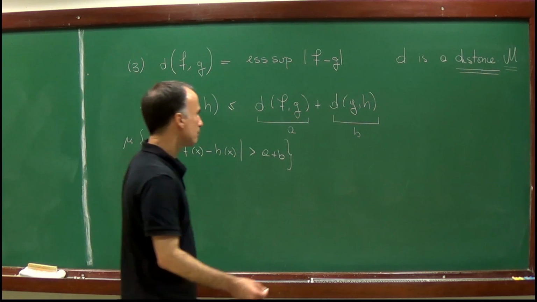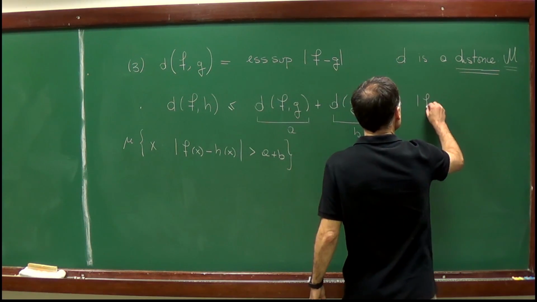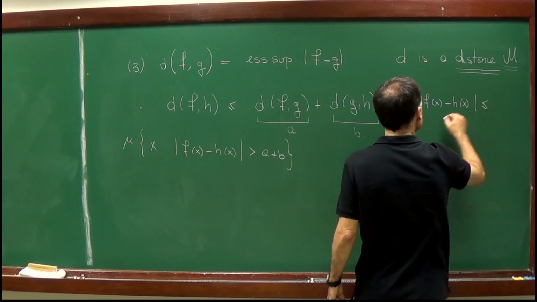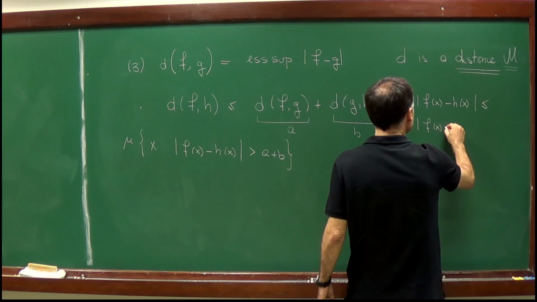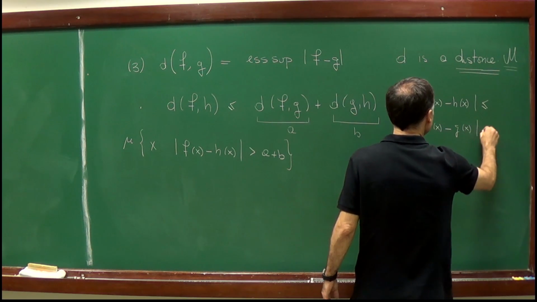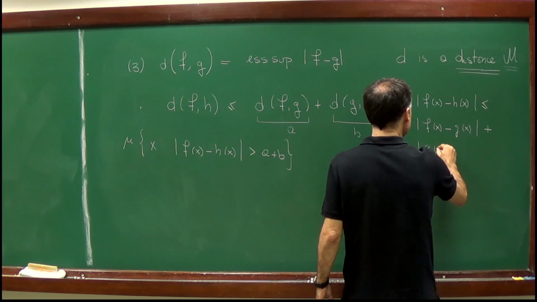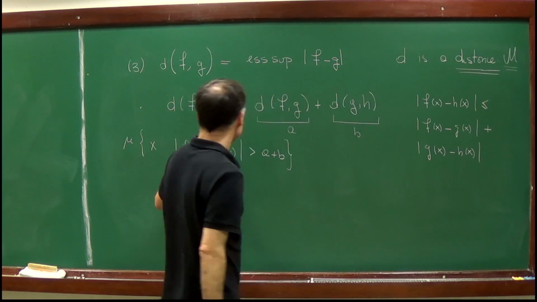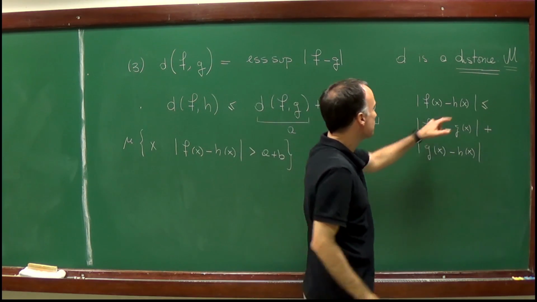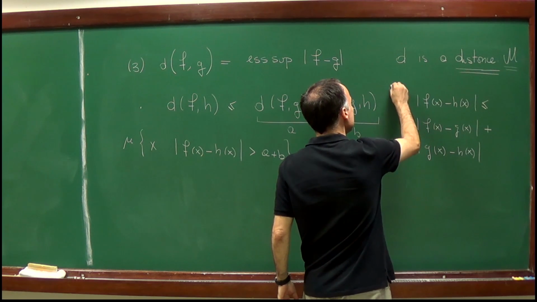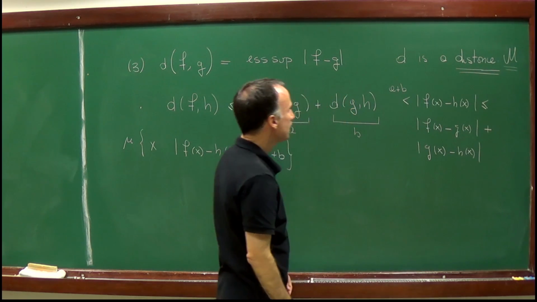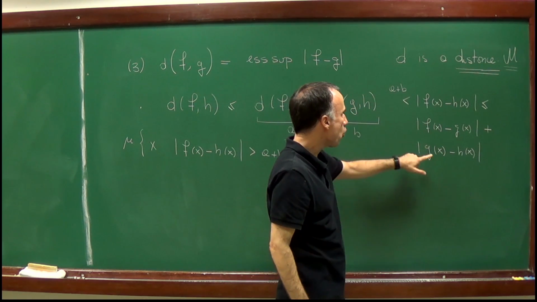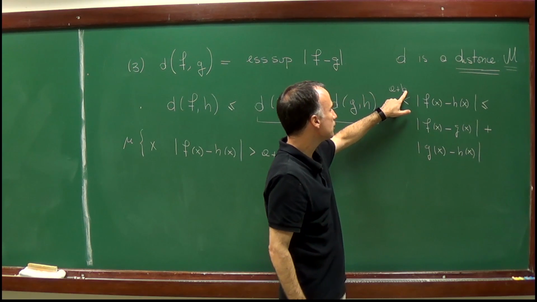Well, by the triangle inequality, we know that |f(x) - h(x)| is less than or equal to |f(x) - g(x)| + |g(x) - h(x)|. So if |f(x) - h(x)| is larger than a plus b, then either |f(x) - g(x)| is larger than a, or |g(x) - h(x)| is larger than b, right?